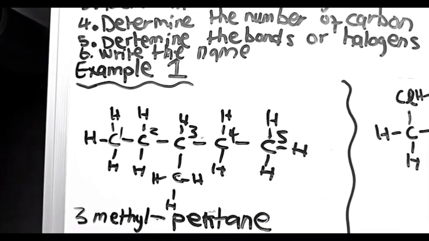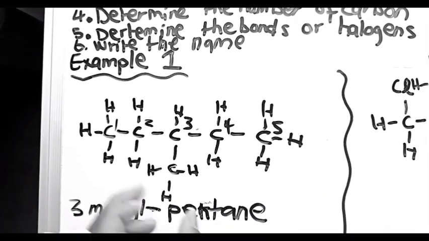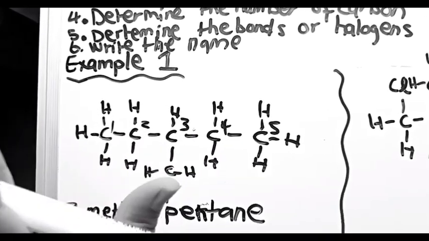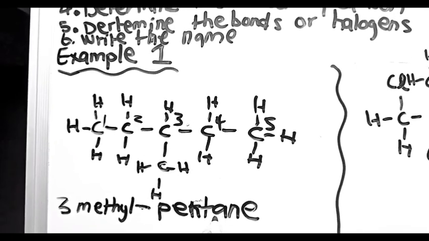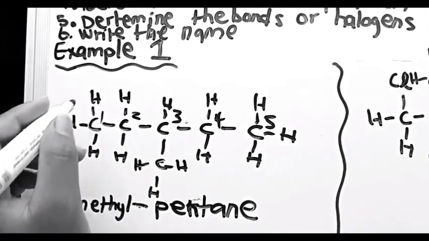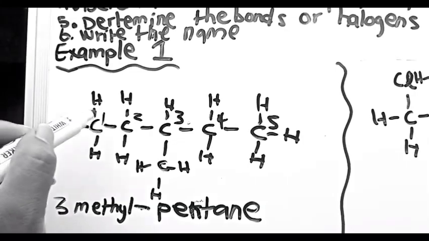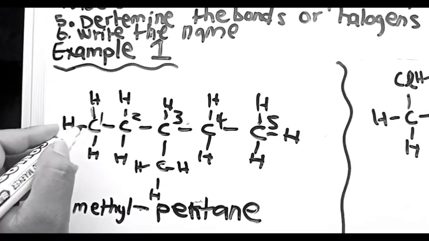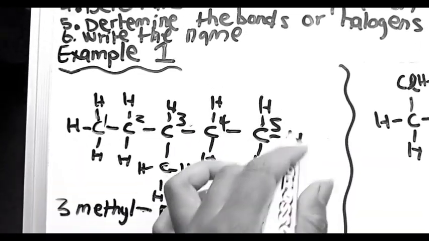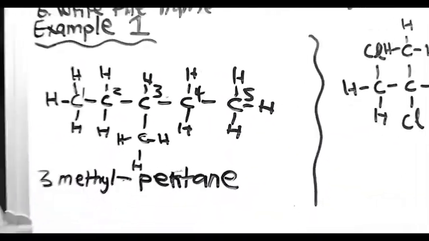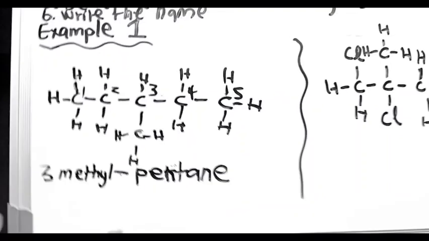And the pent says that in the longest main chain we have 5 carbons, and the end name represents that it's from the alkane, which we saw because they all have single bonds, right? This is the name of our example 1.